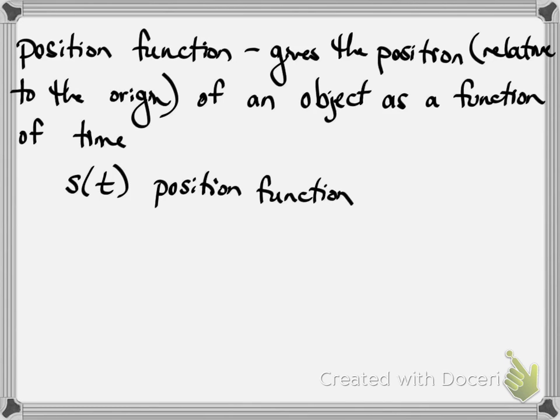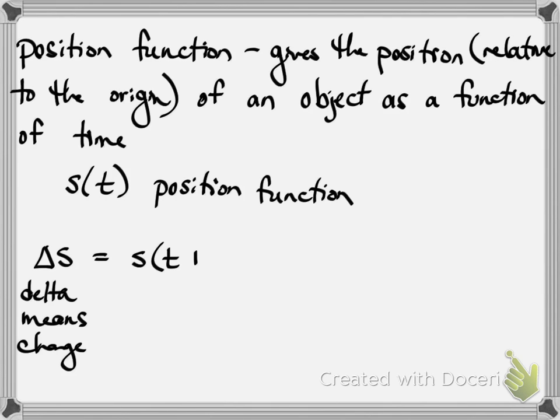And if over a period of time, delta t, the object changes its position by this amount. So they said the position, delta often means change in math. Delta S is S of t plus delta t minus S of t.